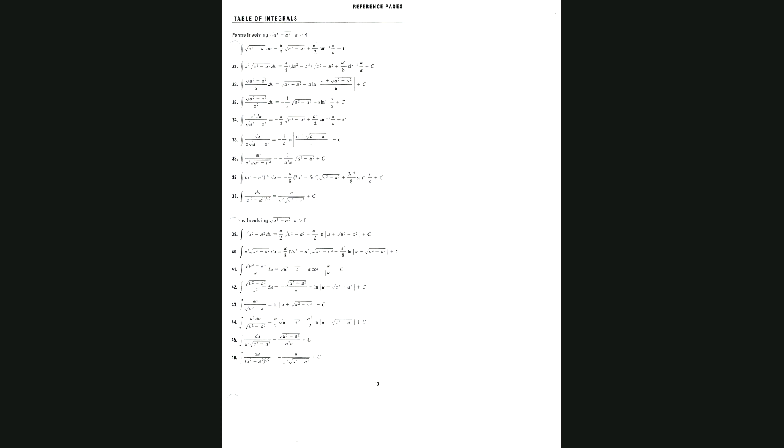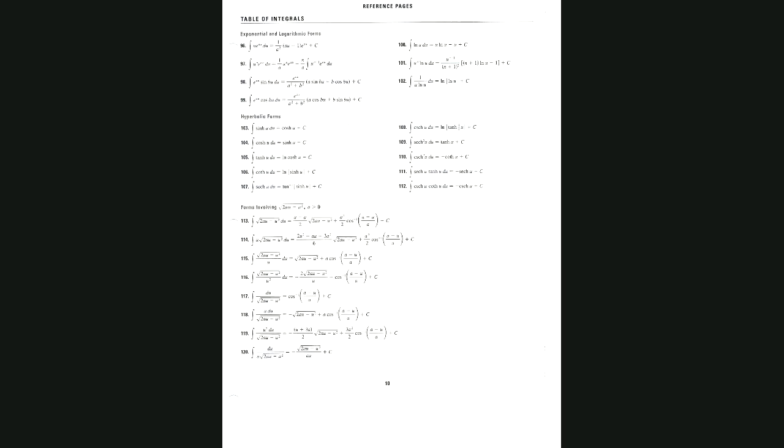And these integral formulas have been developed over the last several hundred years. As mathematicians found integrals, they would contribute their discovery, and the discoveries would be put into a table of integrals. It's like a dictionary with a bunch of integral formulas in it.